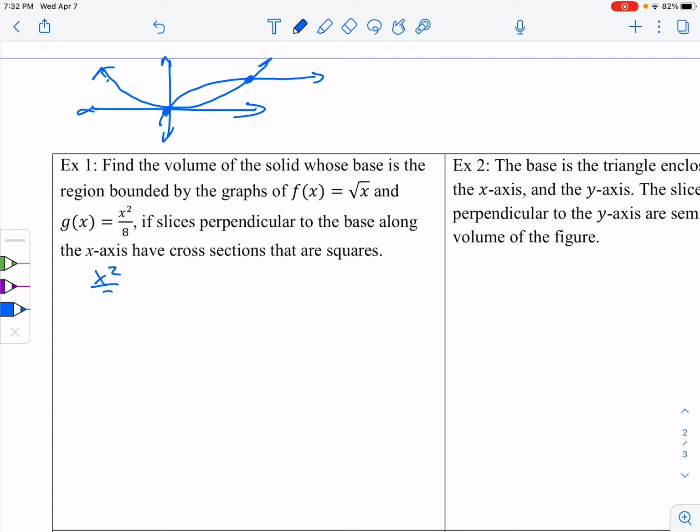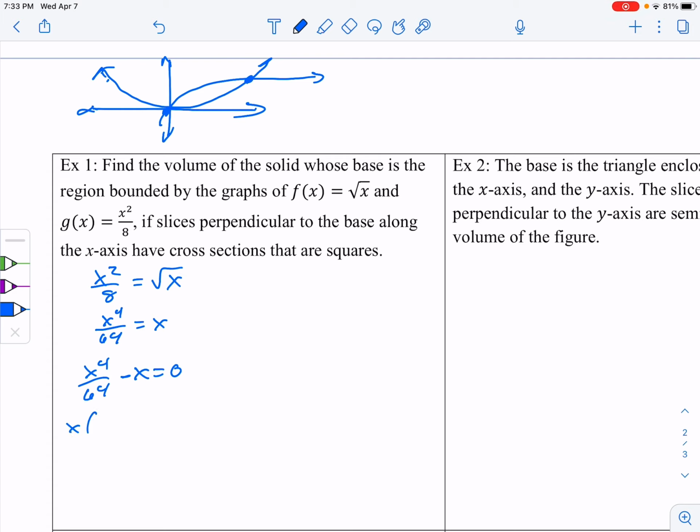x squared over 8 equals the square root of x. I squared both sides and got x to the 4th over 64 equals x. And then I had x to the 4th over 64 minus x equals 0.